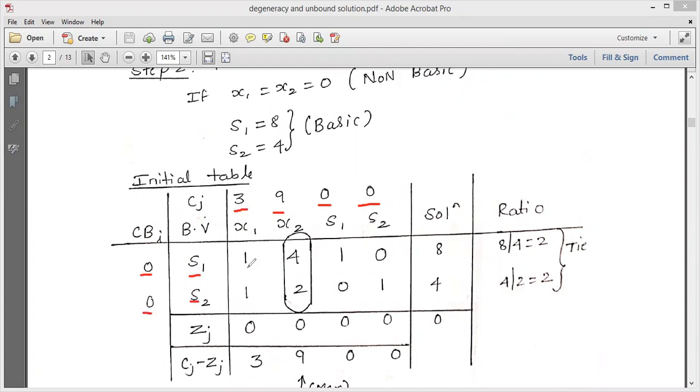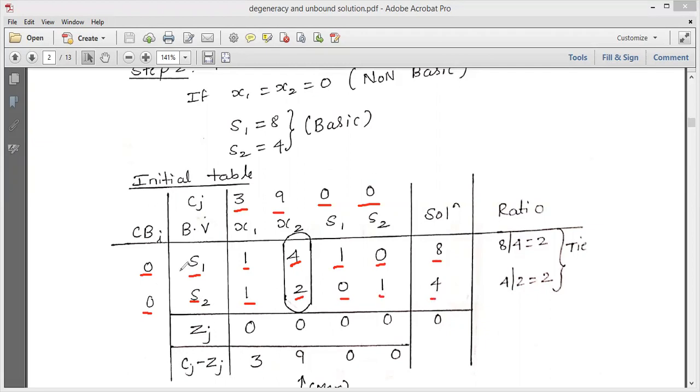The first row represents the first constraint: x1 coefficient is 1, x2 it is 4, s1 it is 1, s2 0, and the right hand side is 8. The second constraint values are 1, 2, 0, 1, 4.